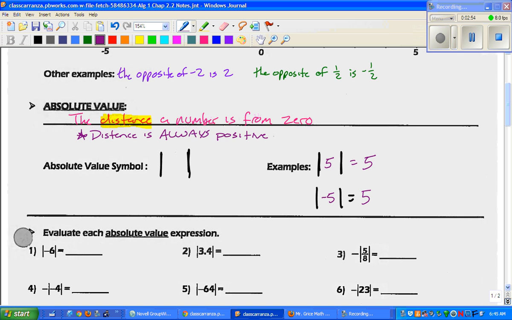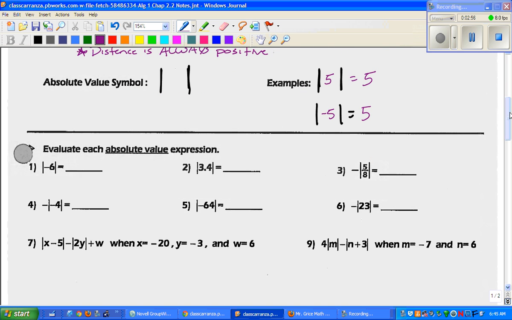So, let's start going through some examples. Evaluate each absolute value expression. Number 1. The absolute value of -6 is 6. The absolute value of 3.4 is not -3.4, it's +3.4.